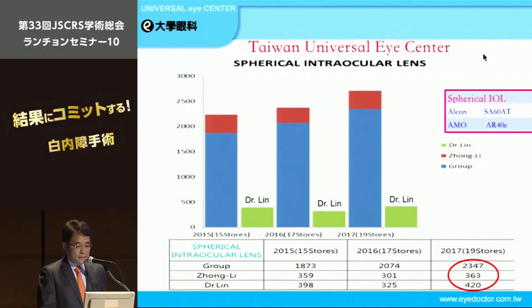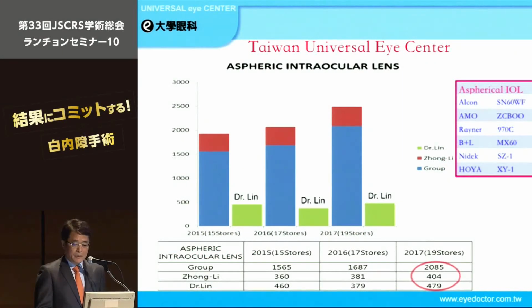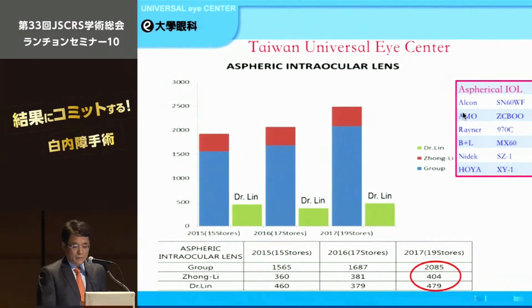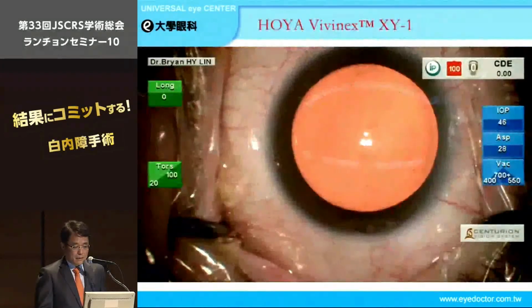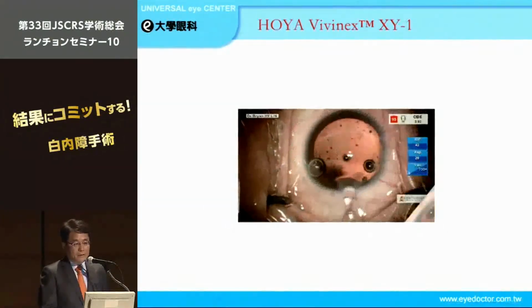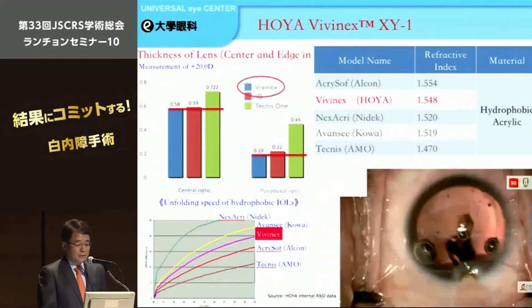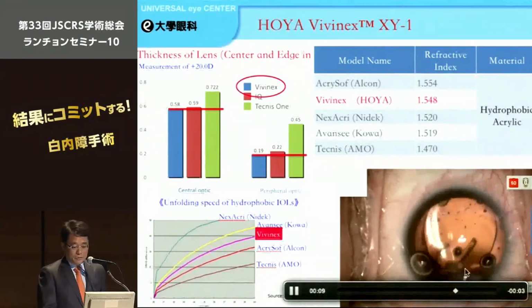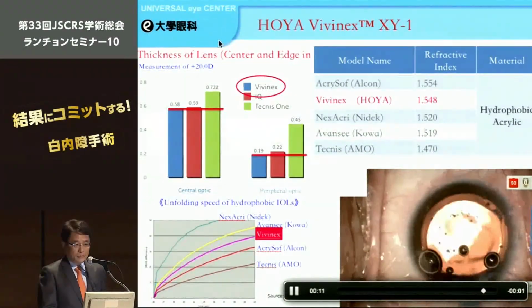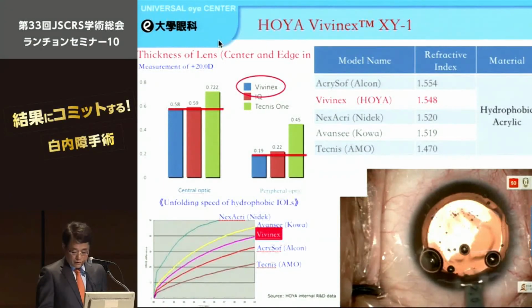For the spherical IOL, we use Alcon and AMO Sensar. For aspherical IOL, we use Alcon, AMO, Rayner, Bausch and Lomb, Nidek, and Hoya XY1. Hoya Vivinex XY1 is one of my favorite and most used aspherical IOLs, through a 1.8 to 2 millimeter clear cornea incision.